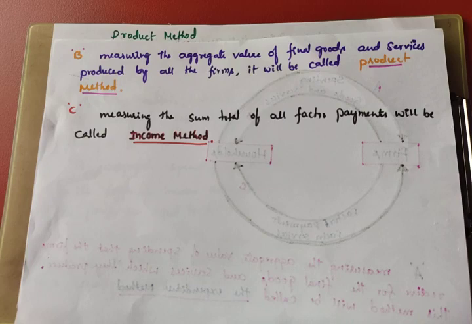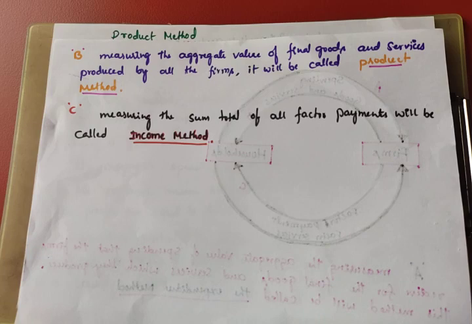Here, regarding the quantity of product, we can calculate only the value of final goods and services. Don't forget, value means it is calculated in terms of money, not number of goods. How much they are expending was the expenditure method.